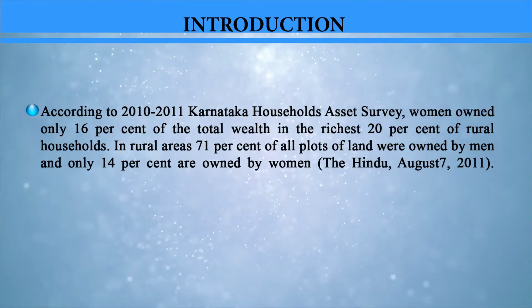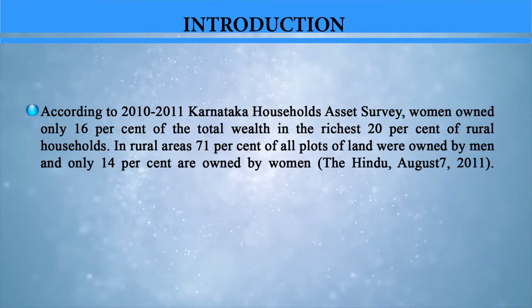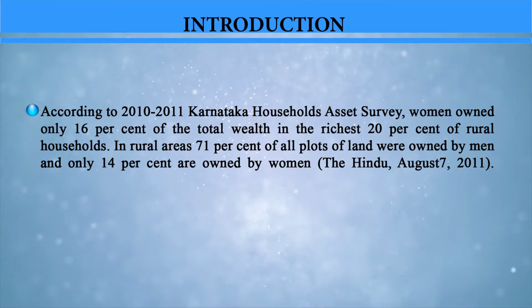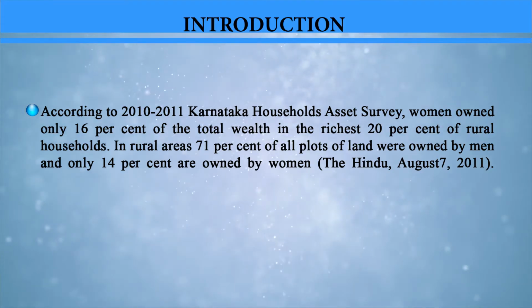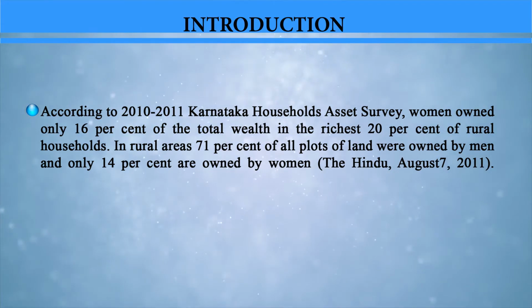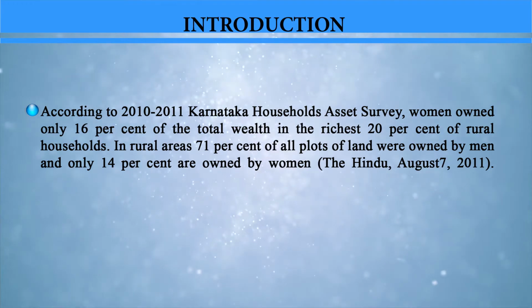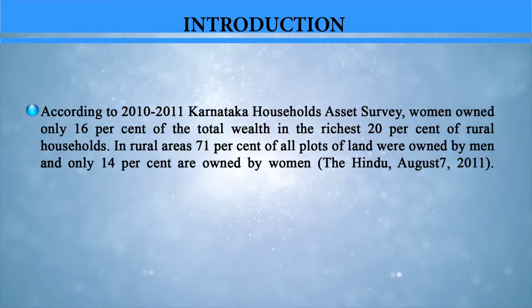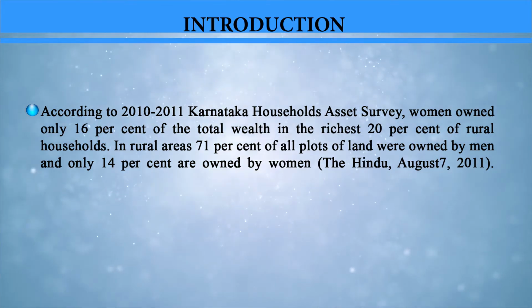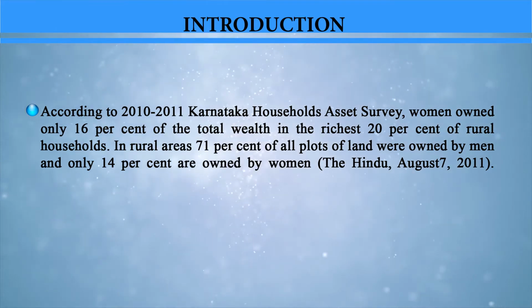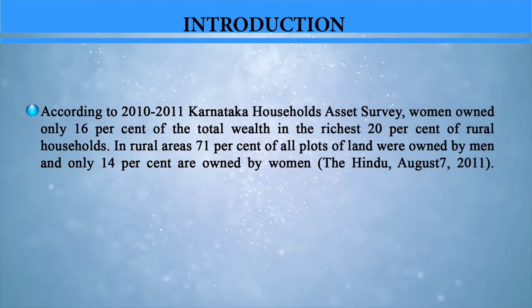One survey carried out in 2010 to 2011, called the Karnataka Household Asset Survey, by scholars, researchers and faculty at the Indian Institute of Management, Bangalore, clearly shows that women owned only 60% of the total wealth in the richest 20% of rural households.